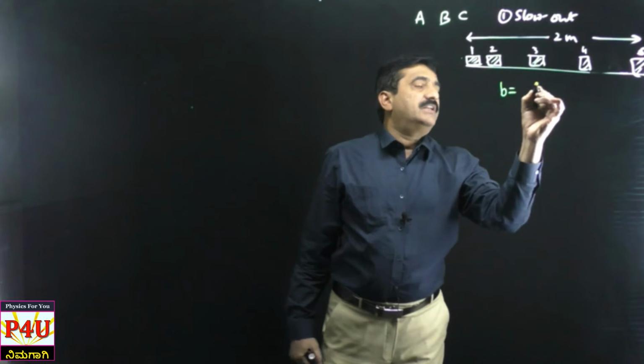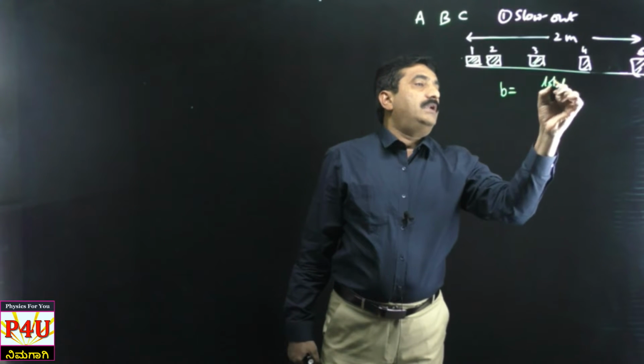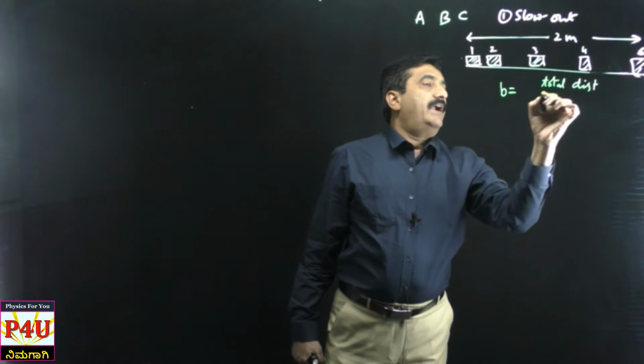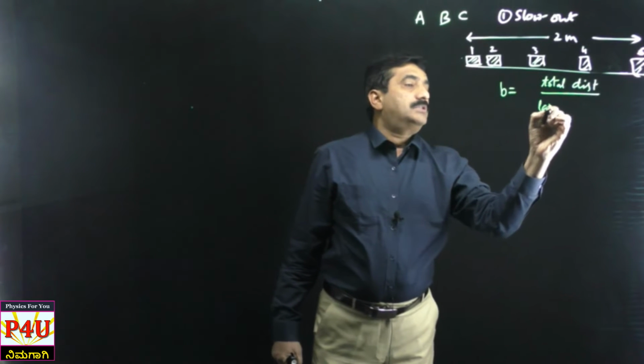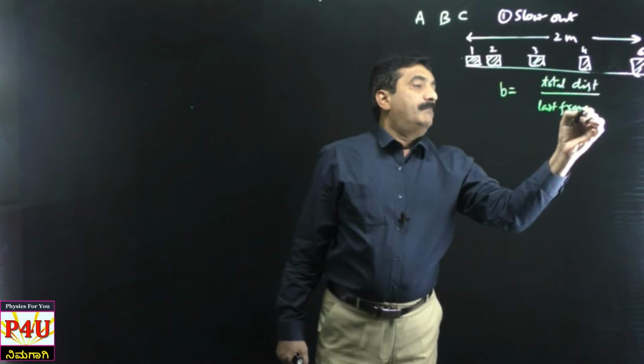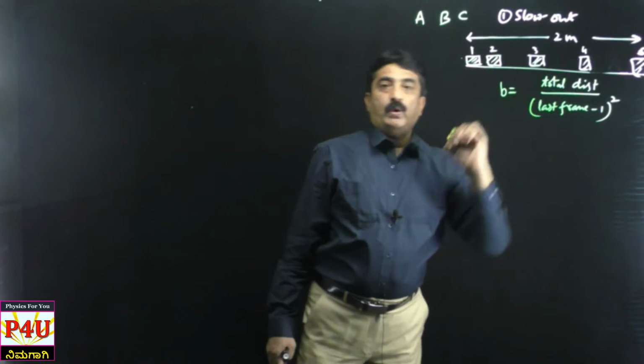By definition, it is the total distance divided by last frame minus 1 whole square.